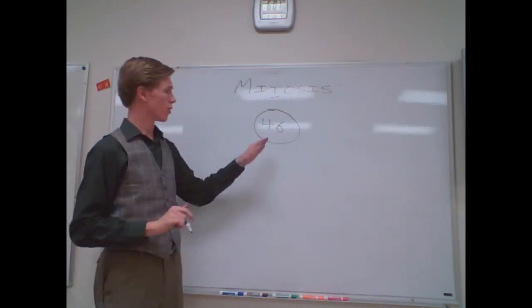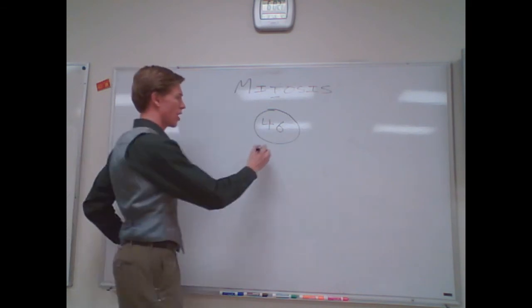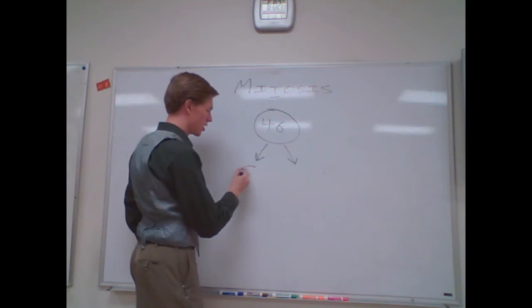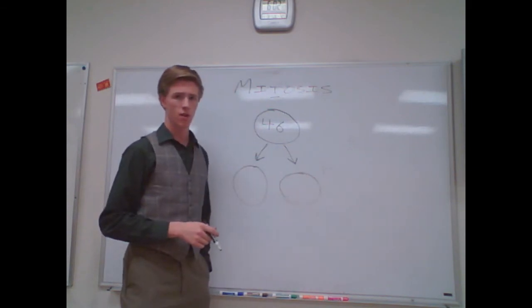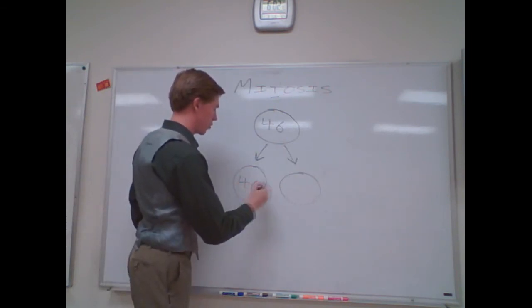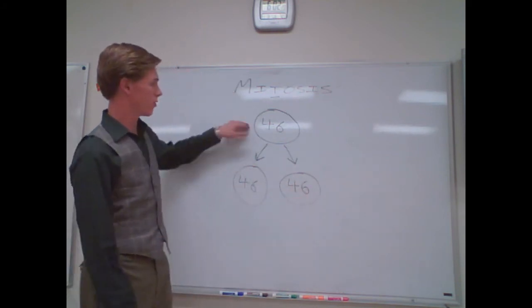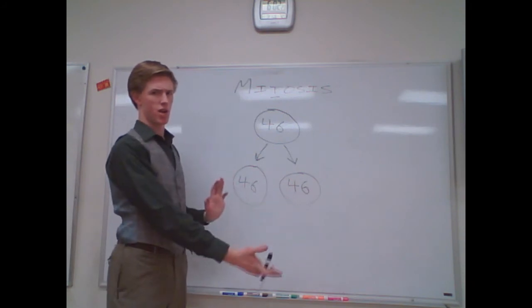Okay? So, mitosis is where we take one normal cell with 46 chromosomes and it does some magic, and that's what we're talking about today, the magic, and you end up with 2 identical cells that also have 46 chromosomes, okay? 46 to 46, except 2 46s, so 92 total.